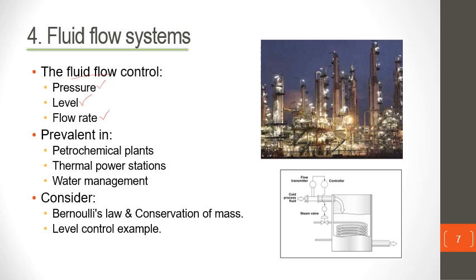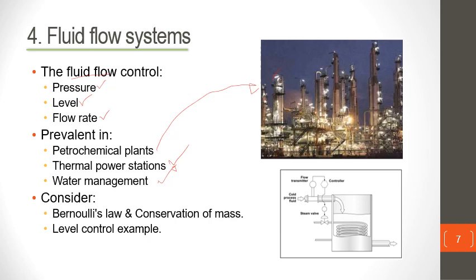So fluid flow control problems are prevalent in petrochemical plants, such as the one shown here, in thermal power stations which are producing electricity or heat. In water management, there could also be a lot of level control problems.